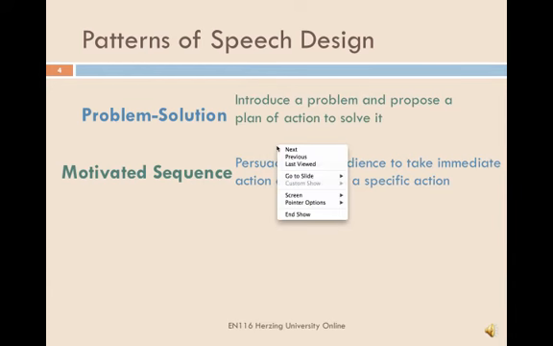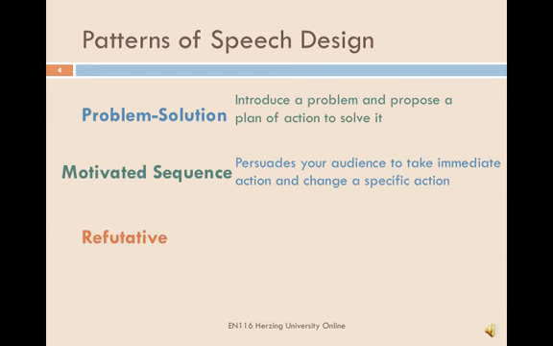The refutative design is great for a speech on fact because it asks you to challenge other views and explains why yours is the best. Before you choose a method of design for your persuasive speech topic, you need to carefully consider your topic and think about what you are trying to argue and exactly what it is you want the audience to do.